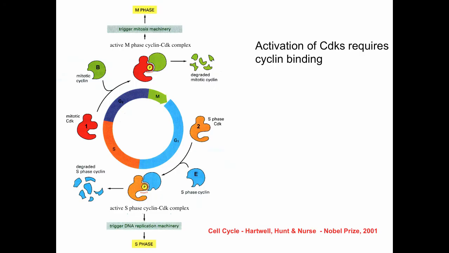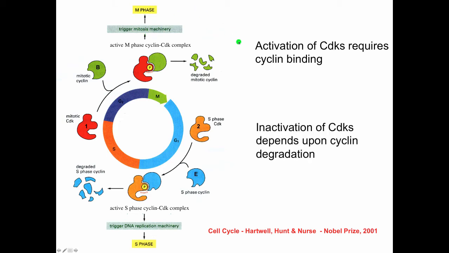Going back to a simplified view of things, we can say that activation of cyclin-dependent kinases would require cyclin binding. So here's a mitotic cyclin-dependent kinase binding onto the mitotic cyclin. That activates this cyclin-dependent kinase. That would, for example, trigger machinery for mitosis. Likewise, to inactivate the cyclin-dependent kinases, you have to degrade the cyclin.